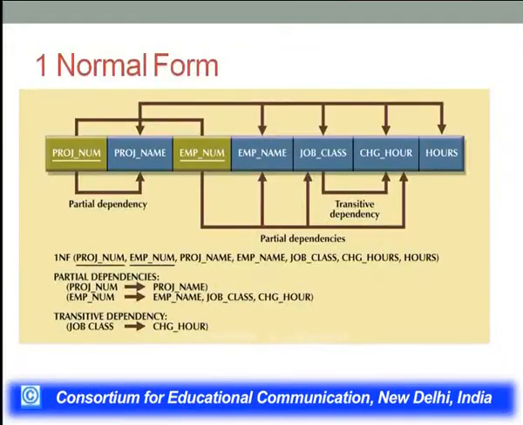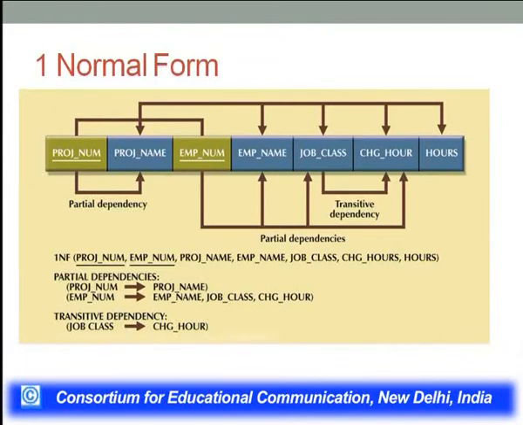Then towards the bottom of the diagram, we show partial dependencies. Partial dependency exists between project number and project name, and employee number, employee name, job class and charge per hour. That is, if we are provided with employee number alone, we can still find out the employee name or the job class or the charges that the employee takes for a particular job.